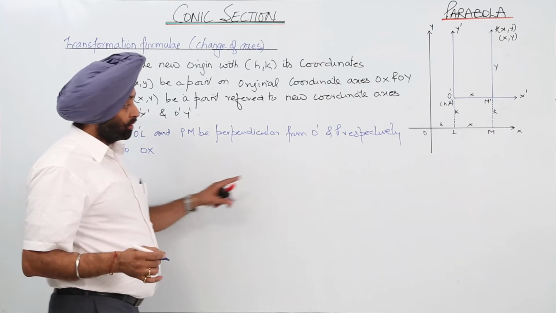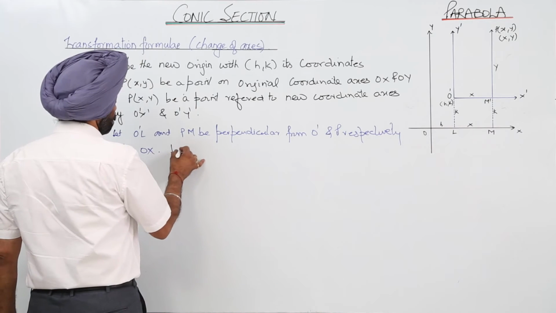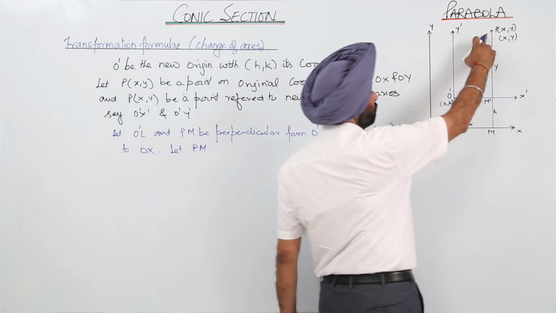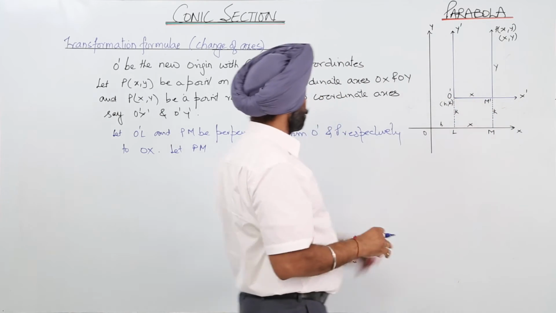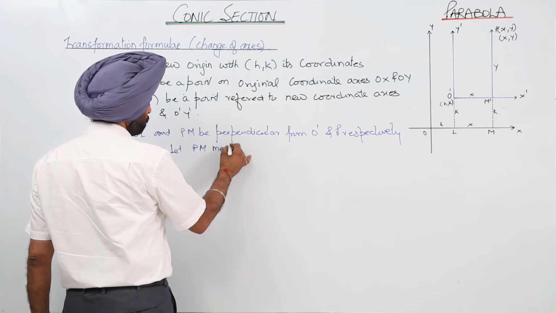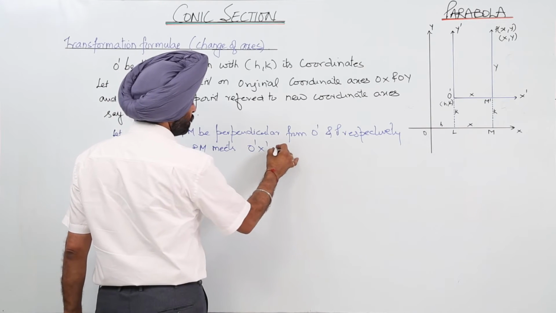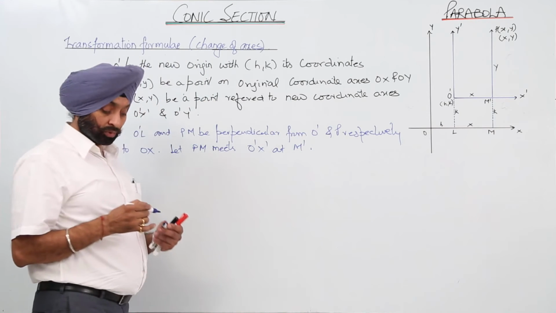Here OX is the original one. Now this PM intersects the new axis at M dash. Let PM meet the new axis O dash X dash at M dash.